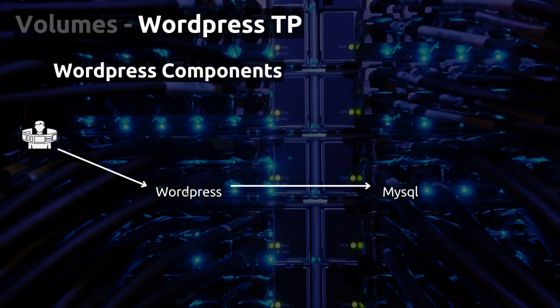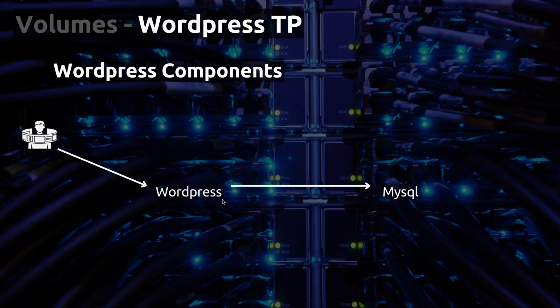We do not have enough knowledge right now in this playlist to create what we call an ingress. We will see that later, but basically we would use an ingress and a service to access the WordPress application.